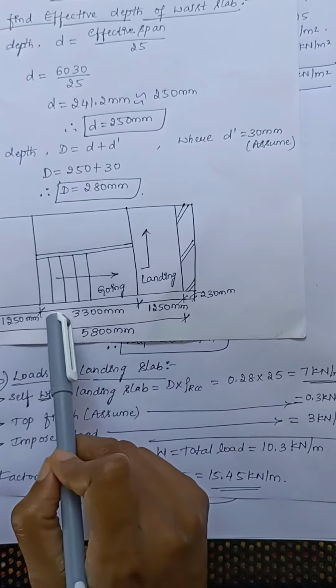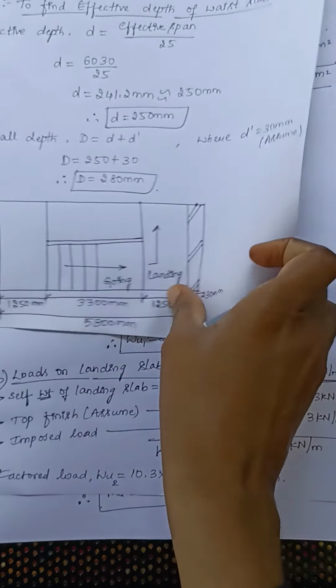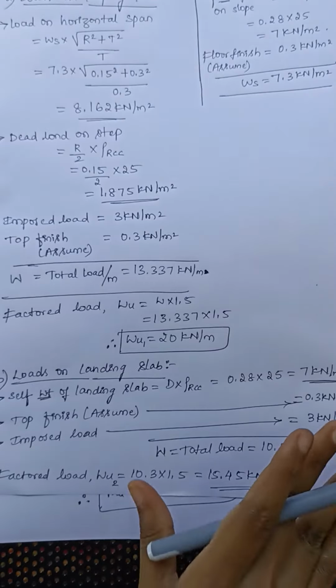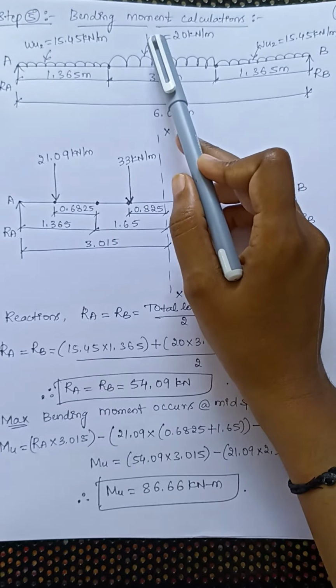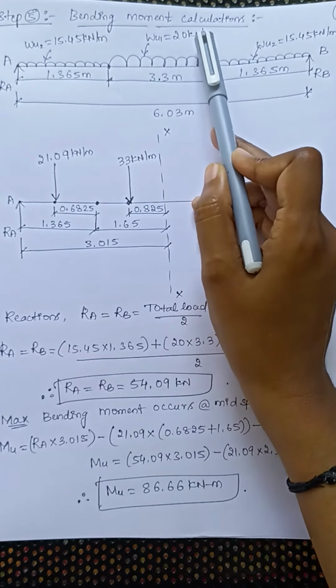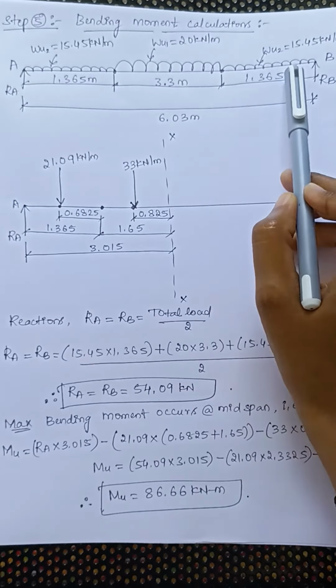Now we got the load of the sloping slab as 20 kilonewton per meter. Let us keep it as the larger UDL. Let us name it as WU1, which is 20 kilonewton per meter. Then the last part represents the landing part.